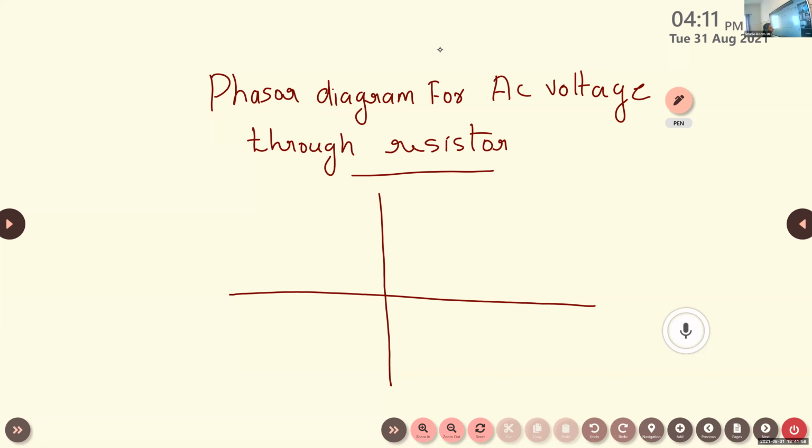Okay. So a phasor diagram is represented like this. Here we have 0 degree, 90 degree, 180 degree, 270 degree, and 360. 0 or 360 are the same line here.